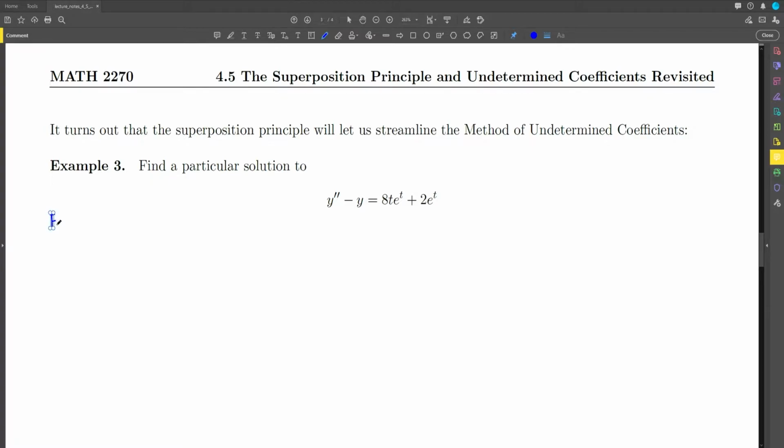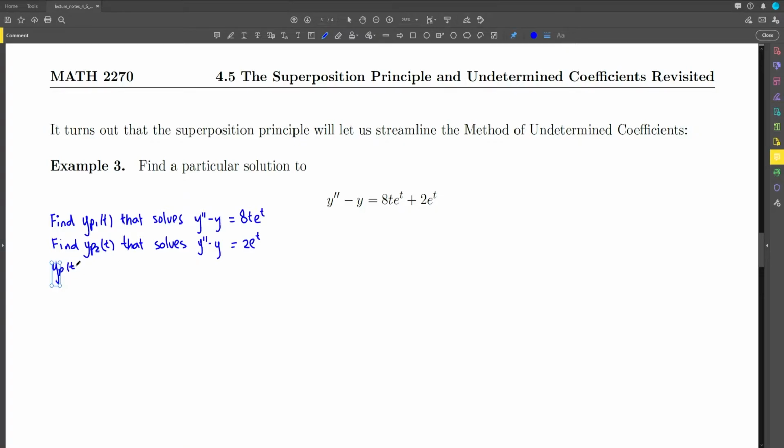We want to find yp1 of t that solves y double prime minus y equals 8t e to the power t, and then we also want to find yp2 of t that solves y double prime minus y equals 2e to the power t, and then we can find the particular solution to this differential equation.